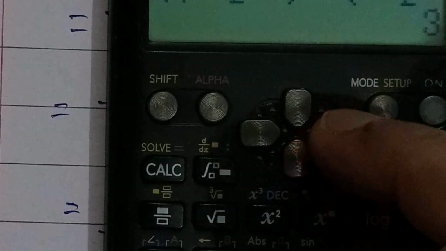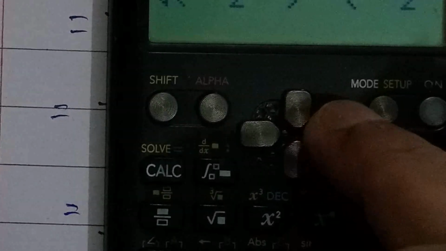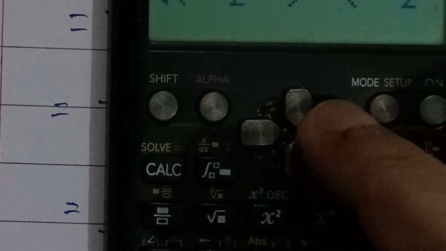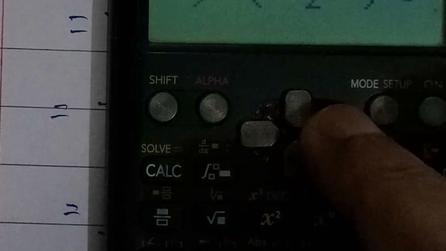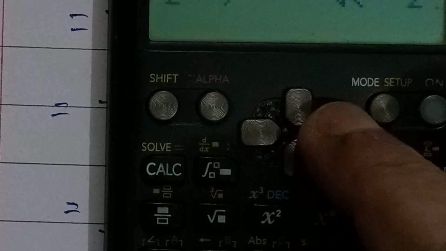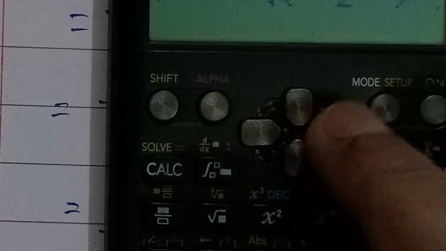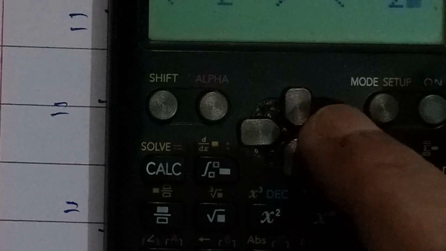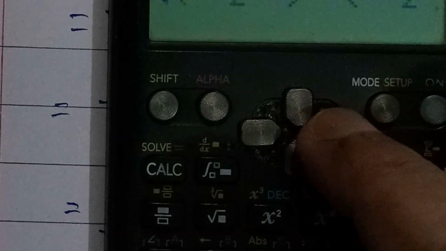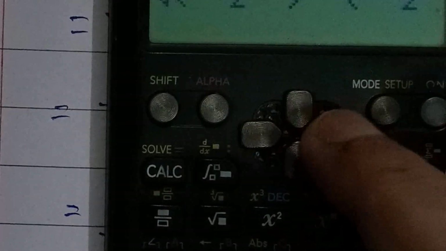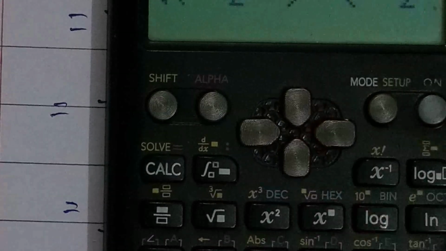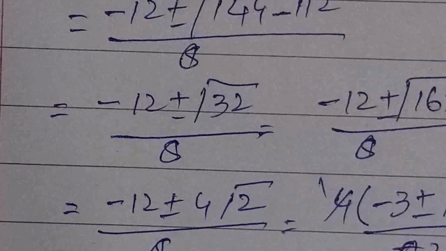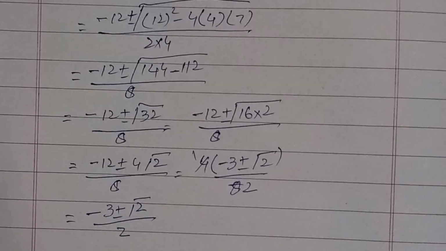By checking through calculator, we get, so the value of x, which is minus 3 plus minus square root 2 over 2, satisfies this question.